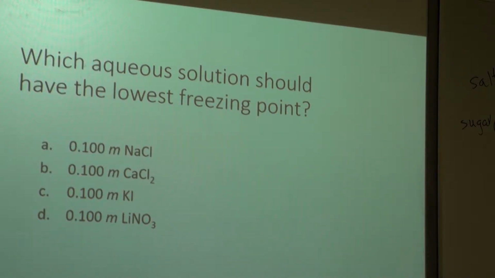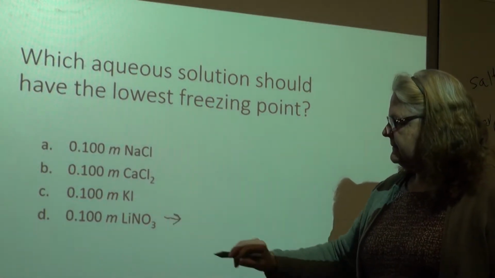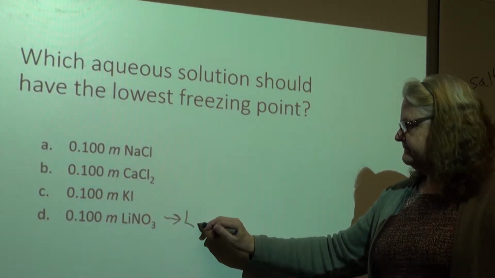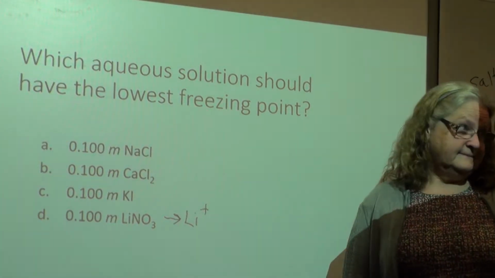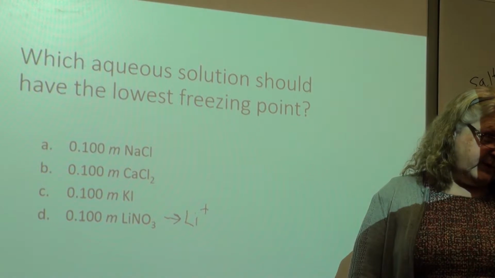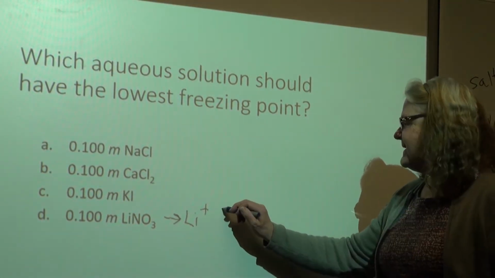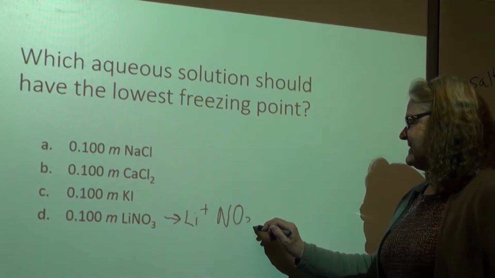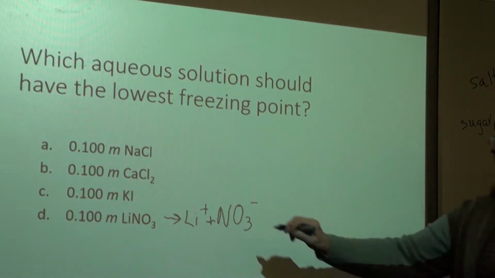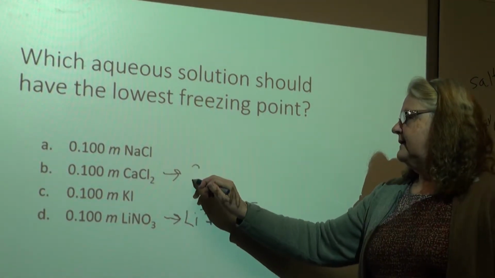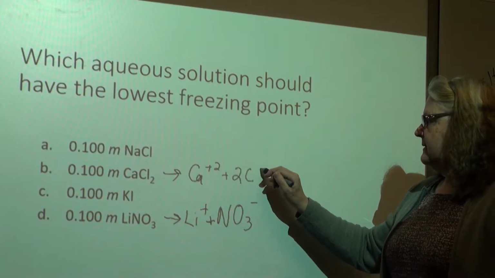D. How do you think this breaks apart? Lithium and... Okay, it hasn't been that long. What's NO3? NO3 is a polyatomic ion. It's a polyatomic ion, right? That stays together. So would it be B? That's only 2. Yeah, so it's going to be B, right? This one breaks apart into 3, we just looked at that.